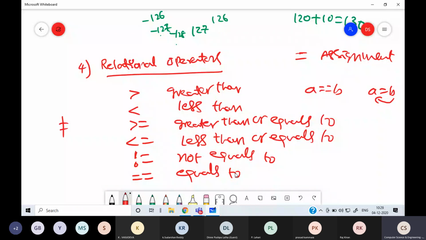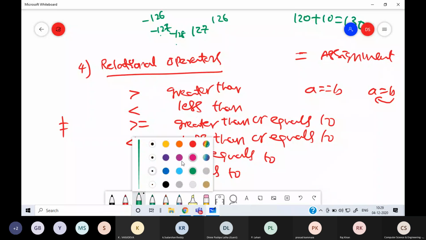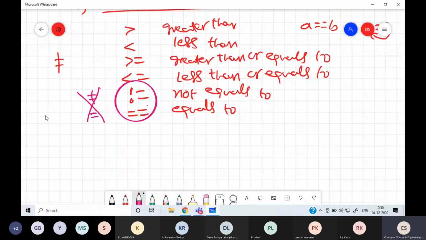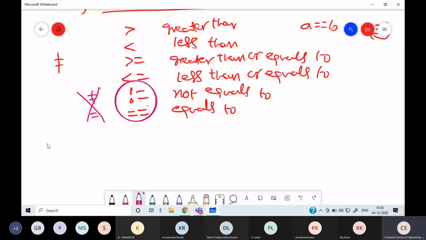So these two are different compared to our day-to-day usage. Not only in C, in most recent languages like Java, Python, C, we use double equals to for comparison.